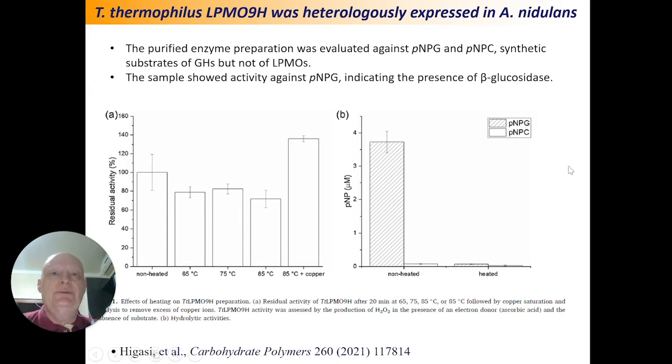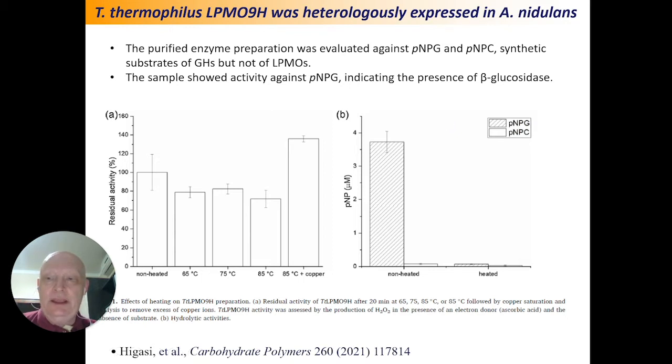We used two synthetic substrates, PNPG and PNPC, which are substrates for glycoside hydrolases, but not of LPMOs. Unfortunately, we detected quite strong activity against PNPG, which indicated the presence of glucosidase.